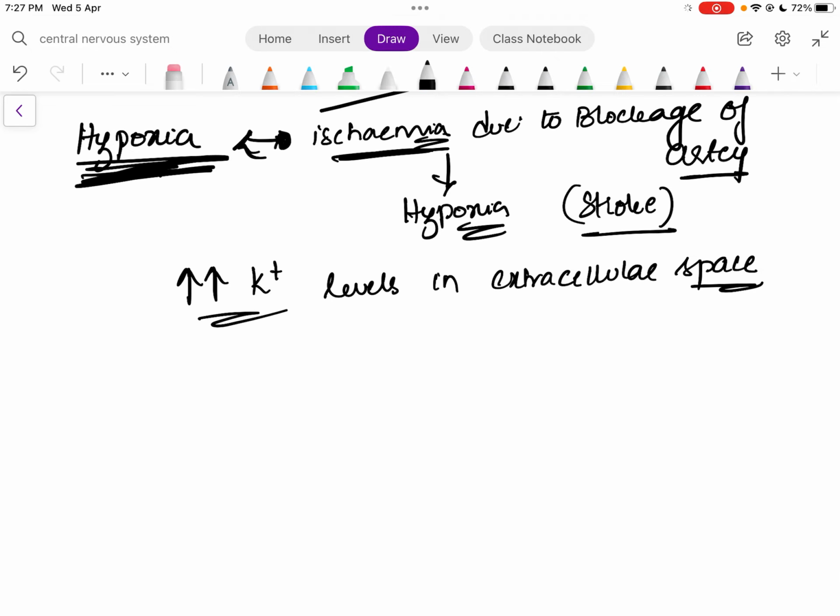This increased potassium in the extracellular space will cause movement of potassium into the neuron, and this extra potassium will cause depolarization.